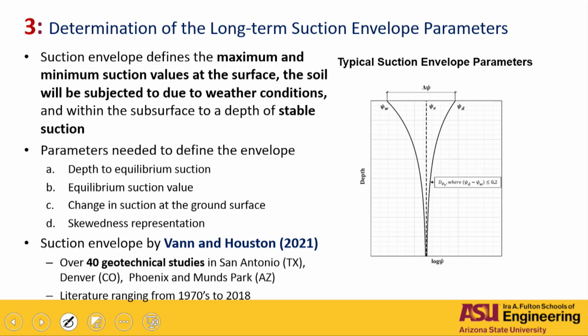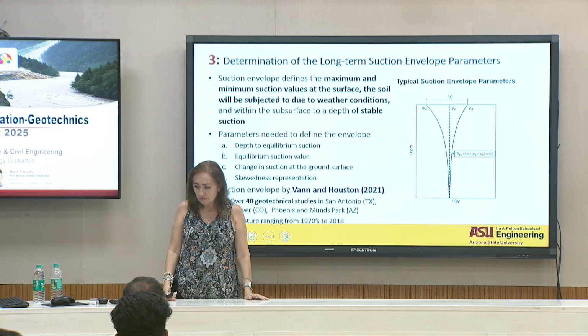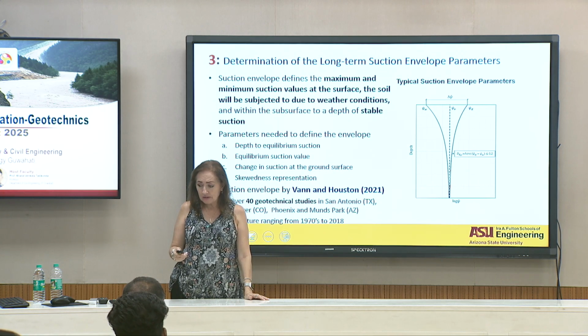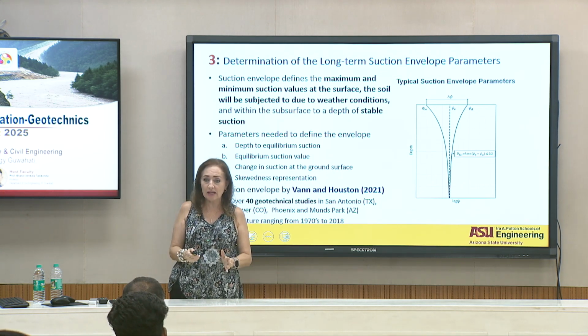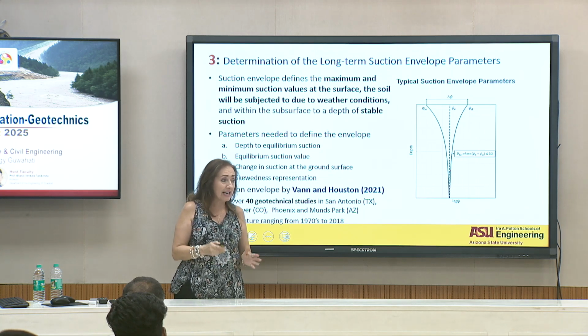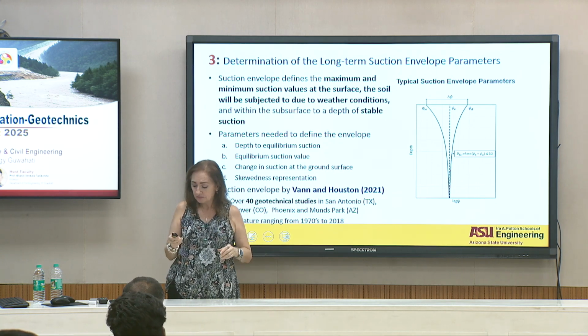They went over 40 different geotechnical site studies in San Antonio, Denver, Phoenix, and Mesa Park in Arizona, and also collected literature ranging from the 70s to 2018, when he graduated, right? Based on that, they worked out how suction varies with time for different soil types and in different regions, wherever they were located, right?